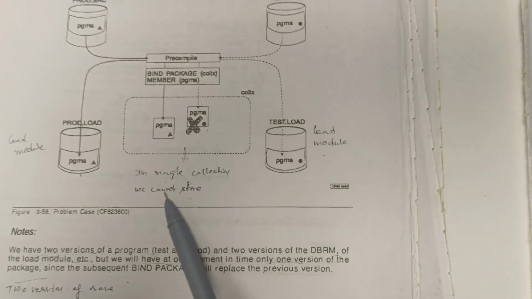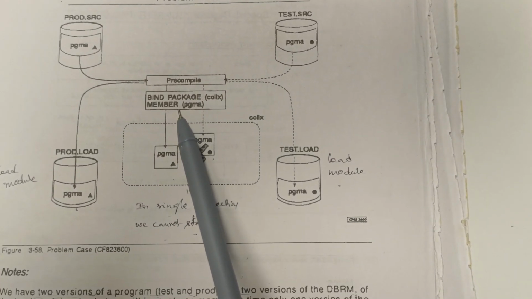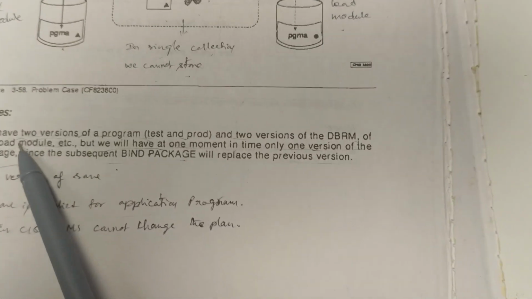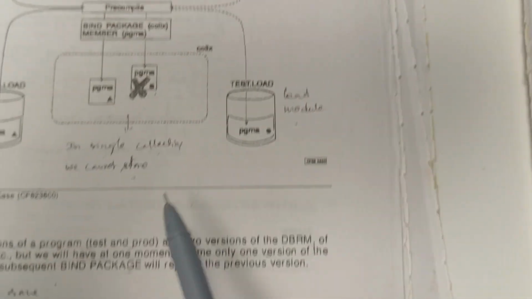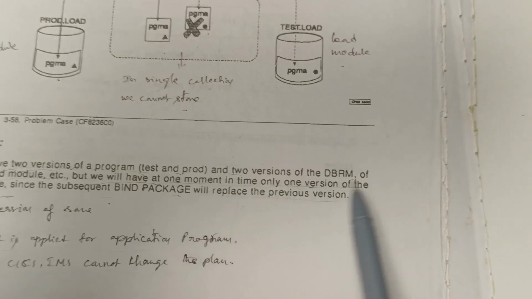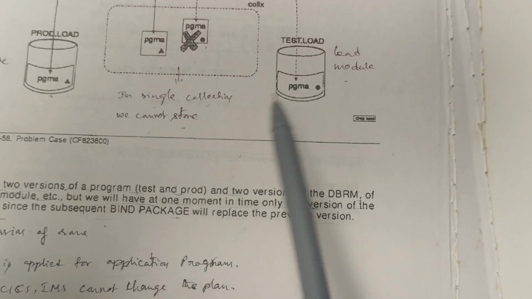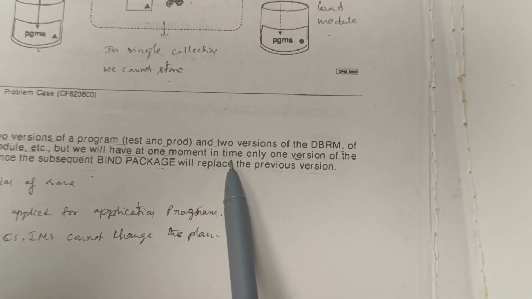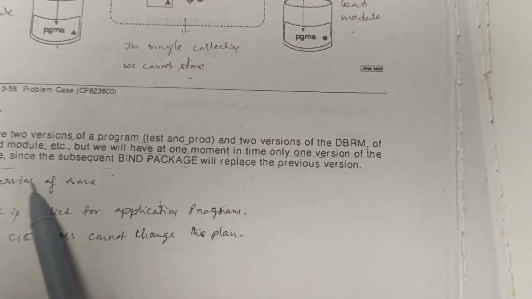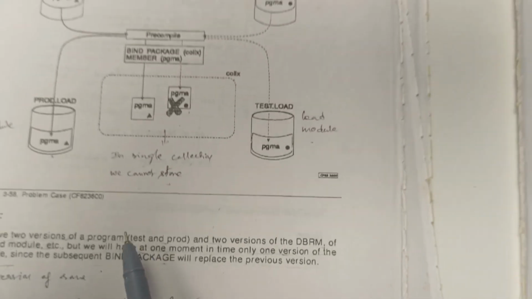This means we can store only a single version in the collection. For bind package program A, we have two versions of the program, in the test and prod regions, and two versions of the DBRM, like a load module. There are two versions of the DBRM, but at one moment in time we can have only one version of the package, since the subsequent bind package will replace the previous version.